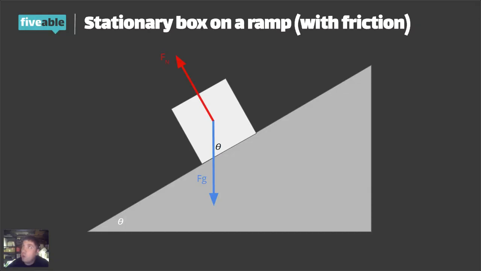So I have this normal force going up perpendicular. Now, notice these two aren't pointing the same direction anymore. Up until this point, they've always been gravity down, normal force up. But now, no. Normal force perpendicular to our surface, gravity straight down. We're not going to go the same direction. They're not going to cancel each other out anymore.